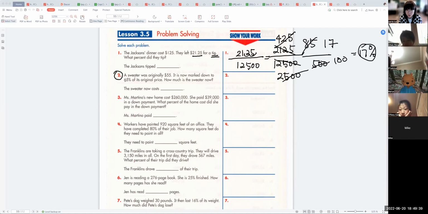Good job. A sweater was originally $55. It is now marked down to 65% of its original price.